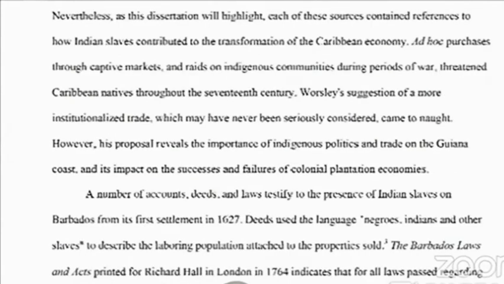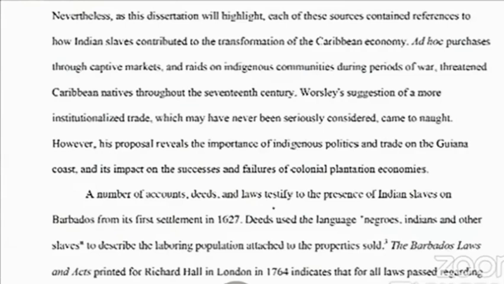Nevertheless, as this dissertation will highlight, each of these sources contains references to how Indian slaves contributed to the transformation of the Caribbean economy. So who had a strong influence in the transformation of the Caribbean economy? It was Indian slaves, and these sources contain many references of that. Just letting you know.